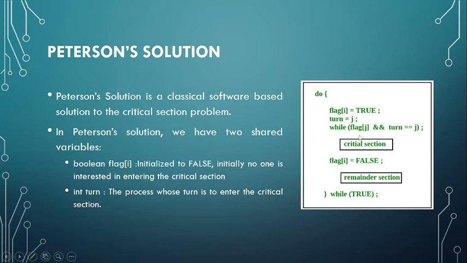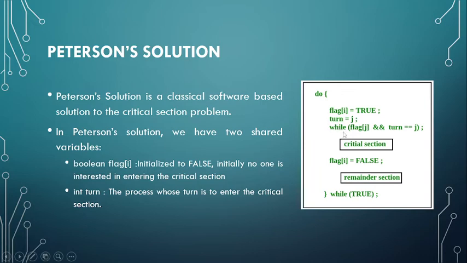When the flag is set to true and the variable turn is equal to the process number, then they can access the critical section. After accessing the critical section, the process again sets the flag to false, so other processes can enter and change it to true.